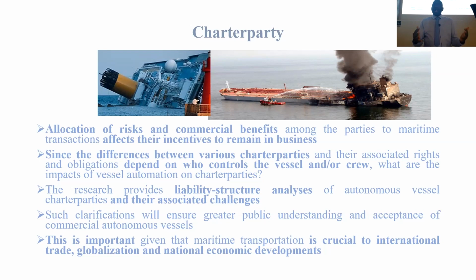Now, who will bear the mistake? Is it the software programmer? Is it the manufacturer of the ship? Or is it the ship owner? Especially when injury or harm is caused to a third party.